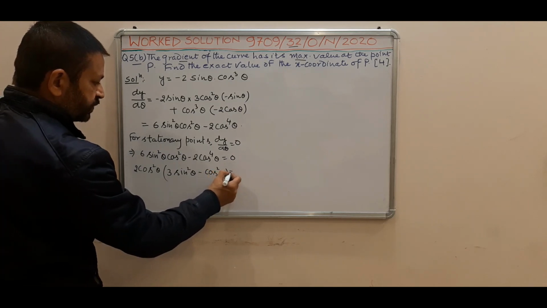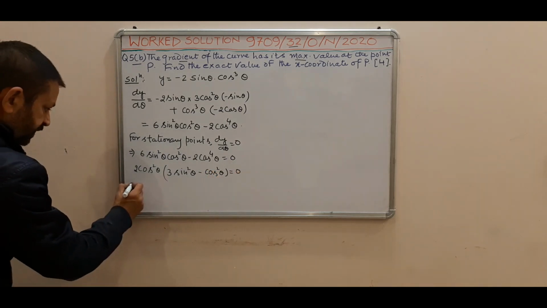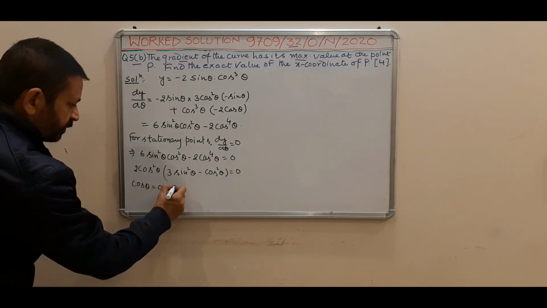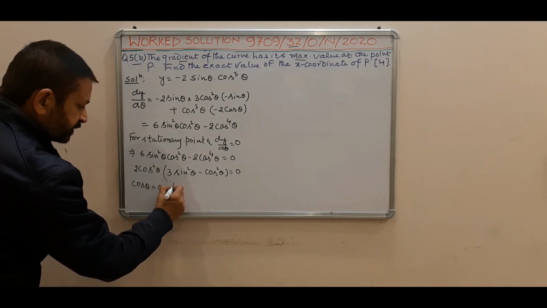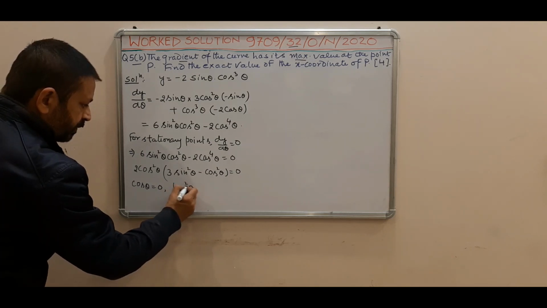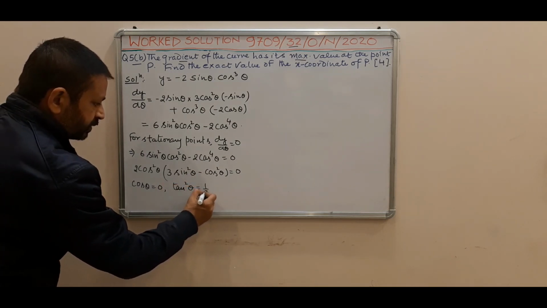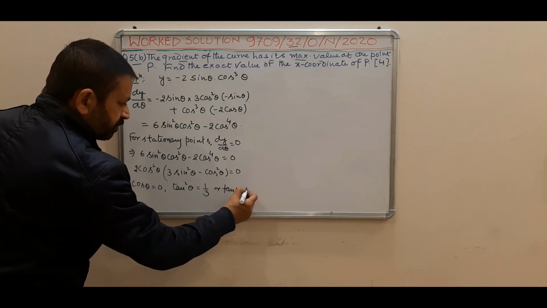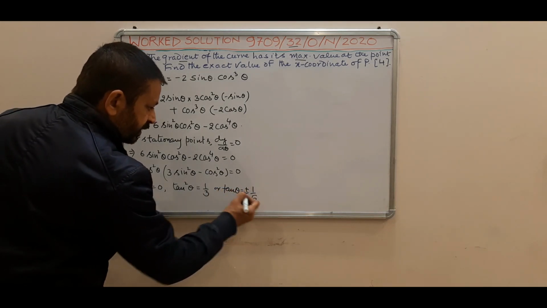So from here we'll get two relations. One is cos theta equals 0, and the other one is tan square theta equals 1 upon 3, or tan theta equals plus minus 1 upon square root of 3.